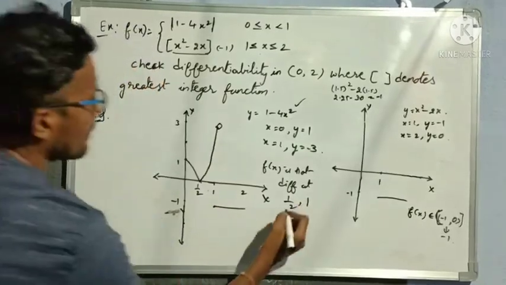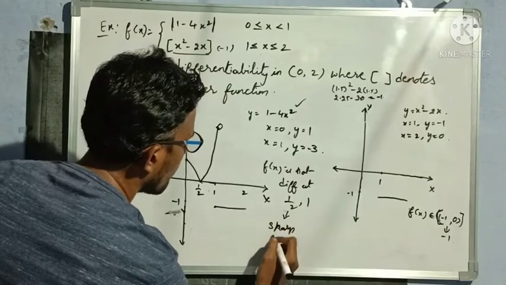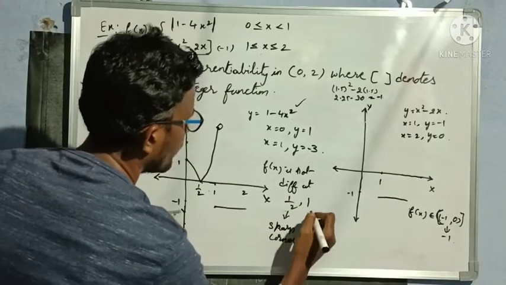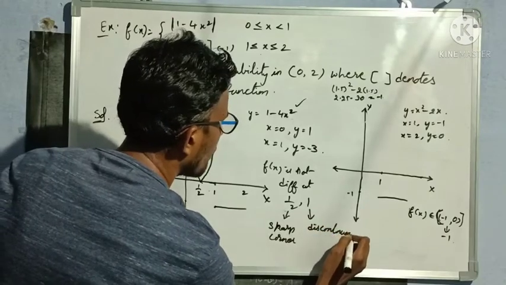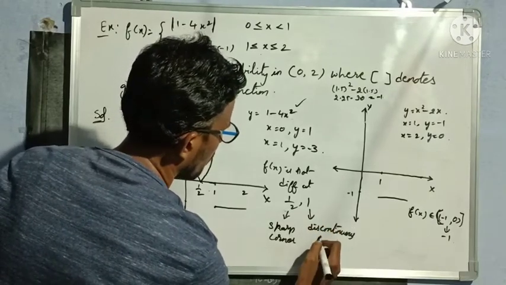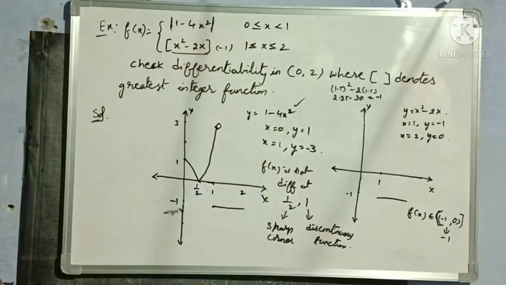So at x is equal to 1 by 2 I am getting a sharp corner, and at x is equal to 1 I am getting a discontinuous function. So on the whole this function is not differentiable.